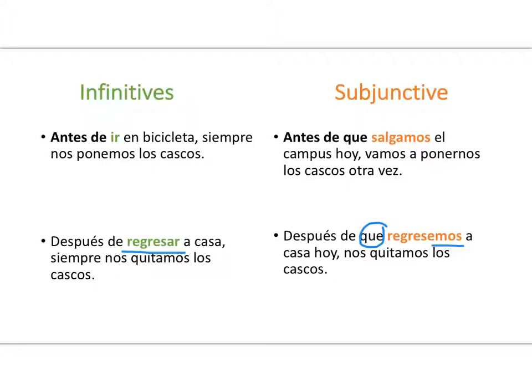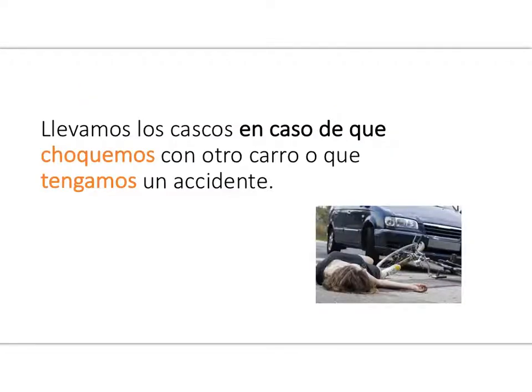That's pretty clear. But now we get a little bit more ambiguous. And this is where vocab comes in. Llevamos los cascos. ¿Y cómo se dice cascos? Helmets, no? En caso de que, this one's not that hard to remember. Choquemos con otro carro. O que tengamos un accidente.